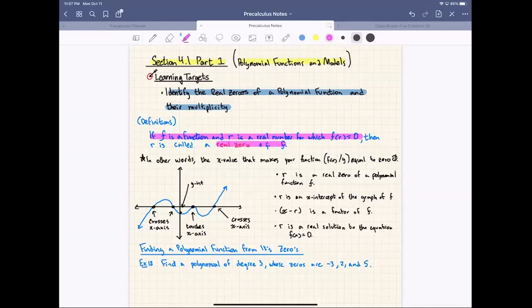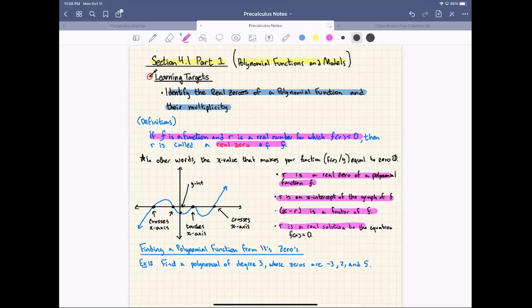In other words, the x value that makes your function, f of x or y, equal to 0. So basically it's your x-intercept. r is your x-intercept. So r is a real zero of a polynomial function. r is an x-intercept of the graph of f. x minus r is a factor of f.